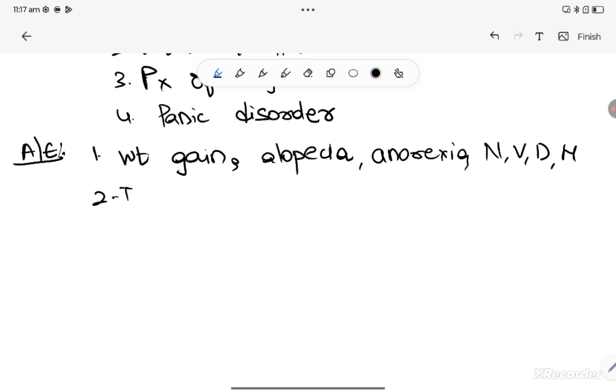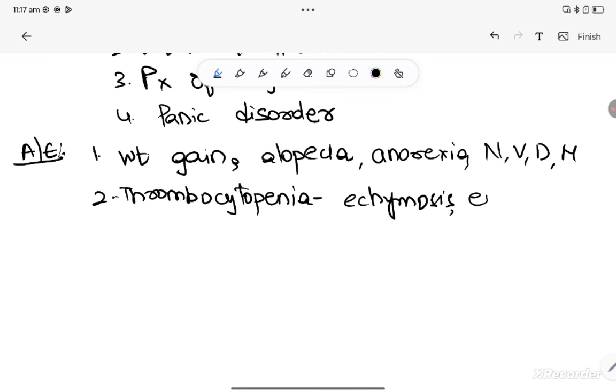Along with this, it also causes thrombocytopenia, because of which there will be an increased incidence of ecchymosis and epistaxis. It also causes fulminant hepatitis.